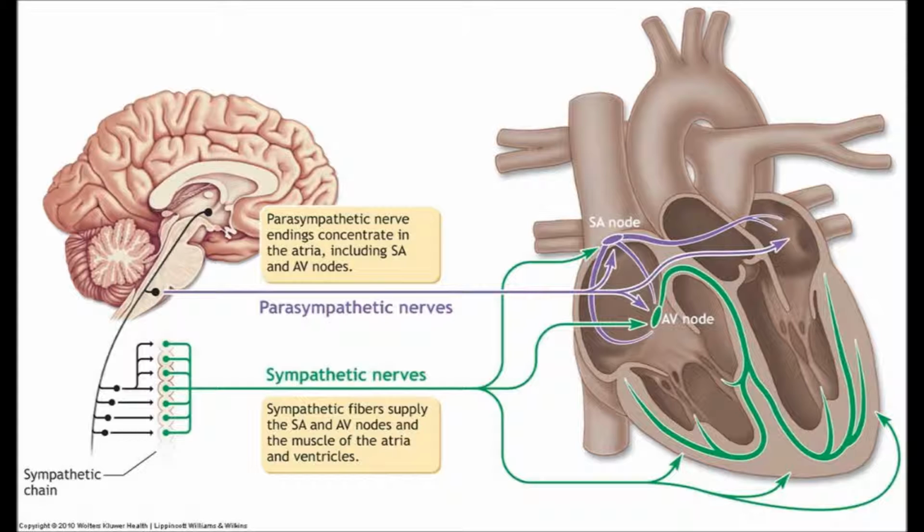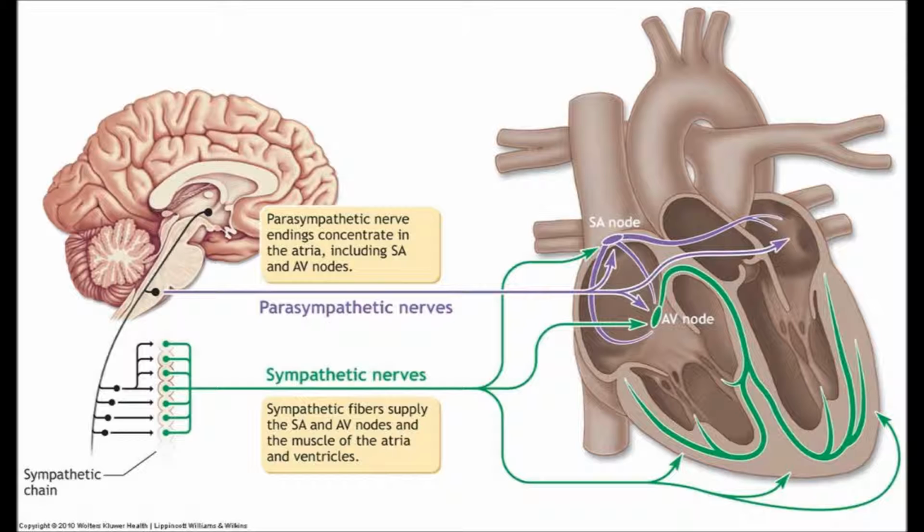Sympathetic nerve fibers reach the sinoatrial and atrioventricular nodes and the myocardium as part of the cardiac accelerator nerves. At the sinoatrial and atrioventricular nodes, the sympathetic nerve fibers release norepinephrine. Norepinephrine is sometimes called noradrenaline.